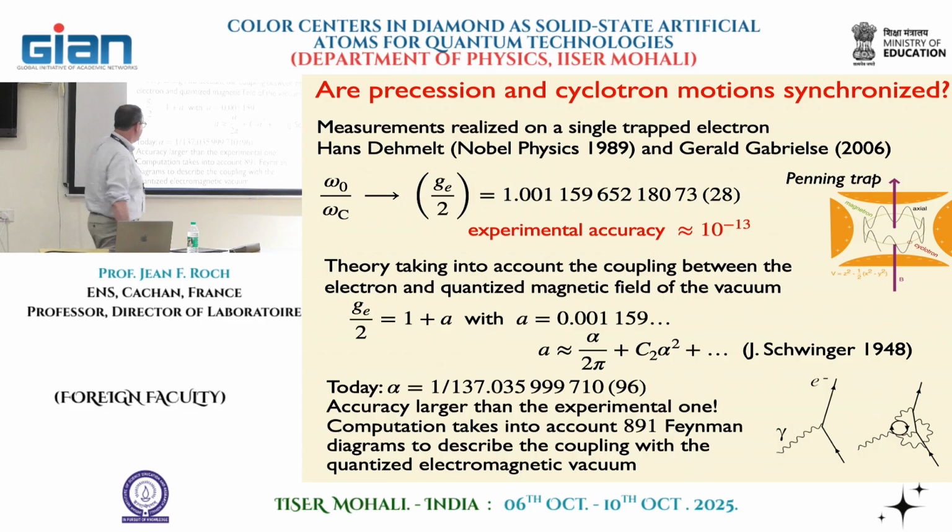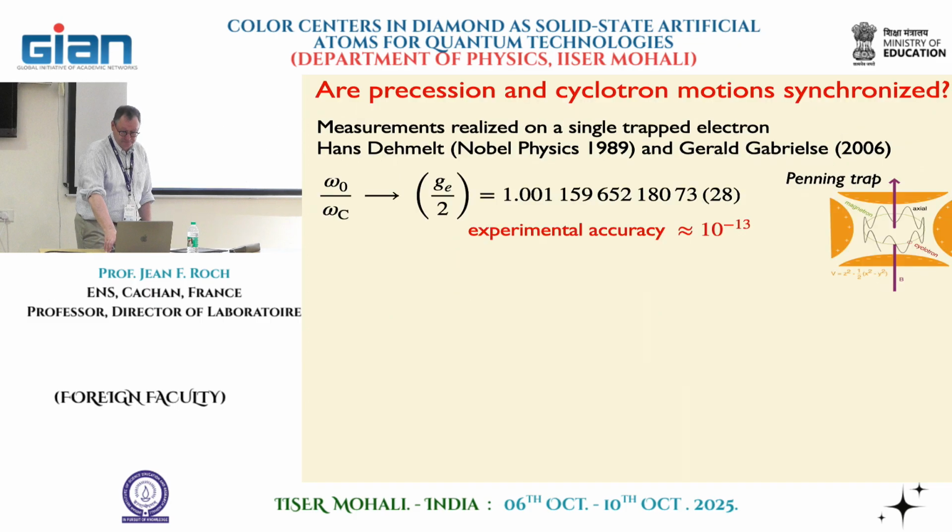And what is remarkable is that the computation has an uncertainty which is larger than the one you can measure. So you have an experiment that has an accuracy much higher than what you can do even with very, very sophisticated calculation. For instance, this value was obtained by taking into account almost 1,000 Feynman diagrams, and you can imagine how difficult such calculations are to describe the coupling of the electron with the quantized electromagnetic vacuum.